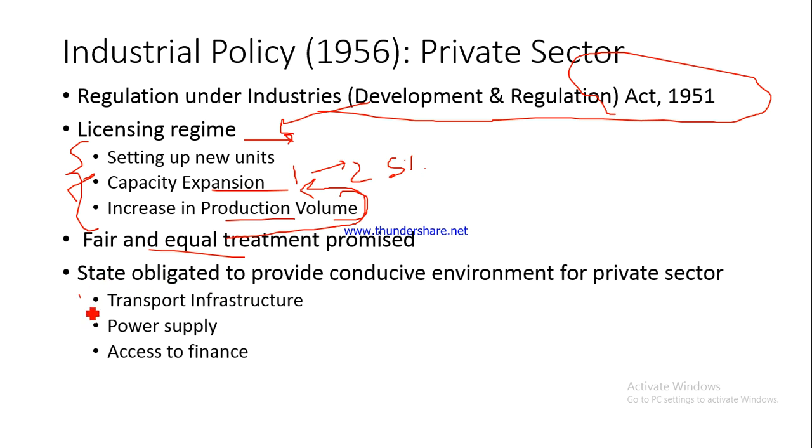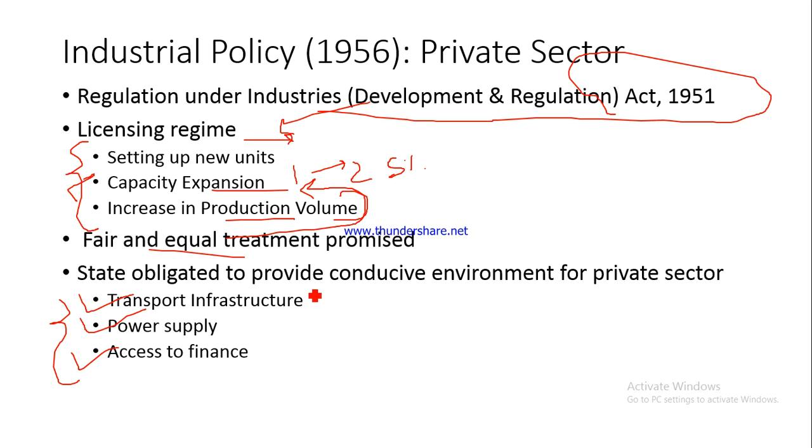For example, we would improve the transport infrastructure. We would ensure that the private sector enterprises have access to continuous power supply. We will also ensure that they can access finance for their investment requirements, their capital purchase requirements, capex requirements, capital expenditure requirements.